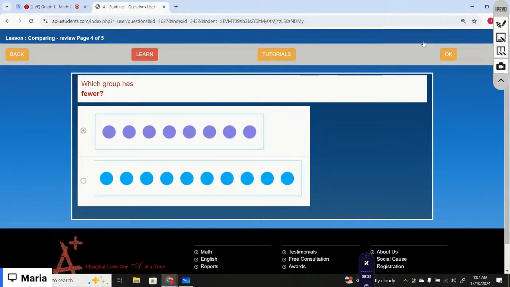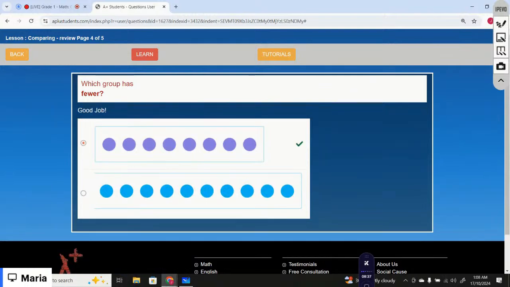Option number one is the correct option, right? Purple dots are fewer than blue dots, right? So option number one is the correct option. Very good.